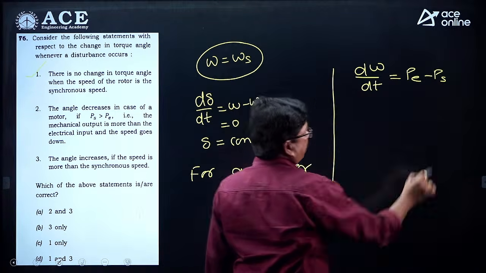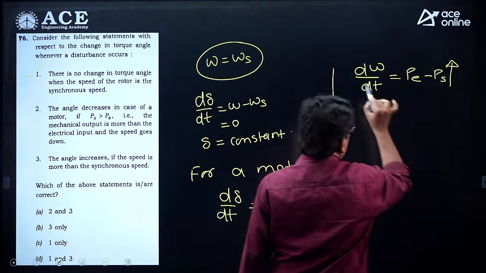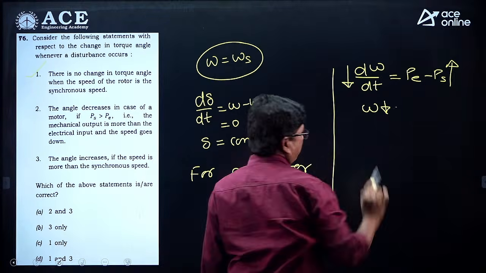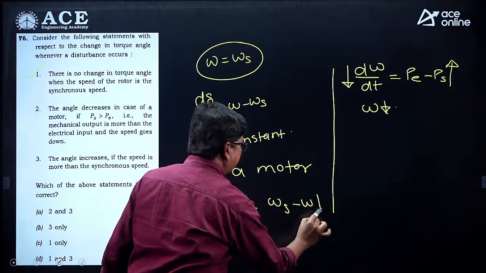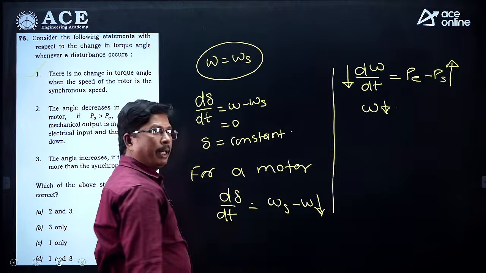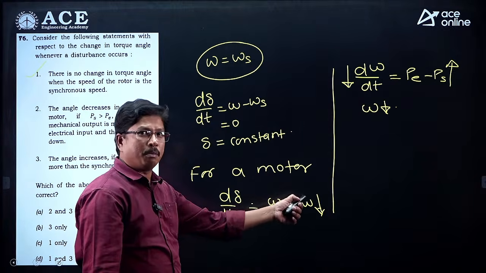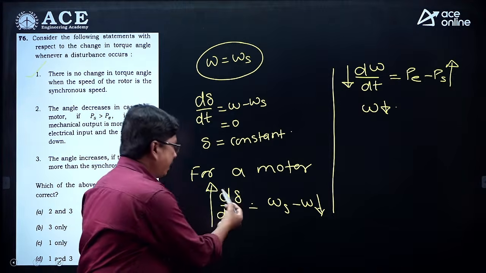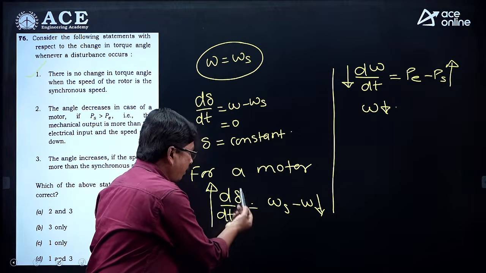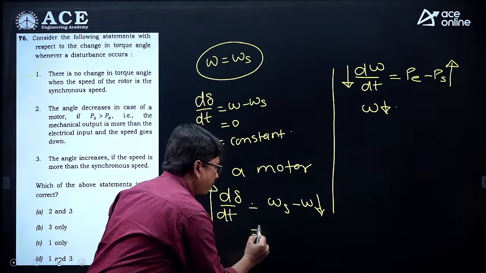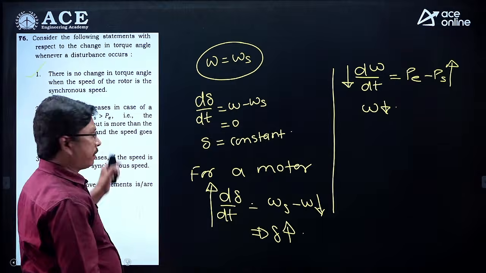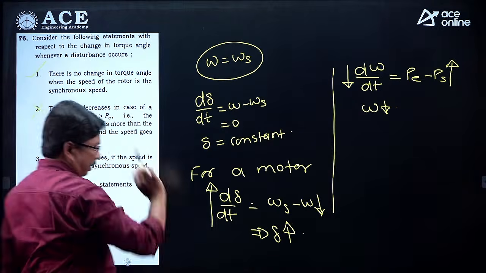See here students, whenever Ps is more, d omega by dt will be less, so omega will be reduced. Whenever omega is reduced, the difference between omega s and omega will be more, therefore d delta by dt will be increased. Why? Because d delta by dt is now positive. So when d delta by dt is positive, delta increases, but it is given that delta decreases, so the second statement is wrong.